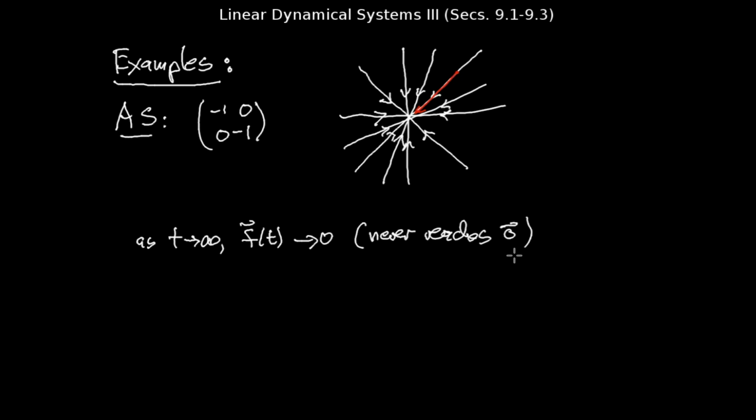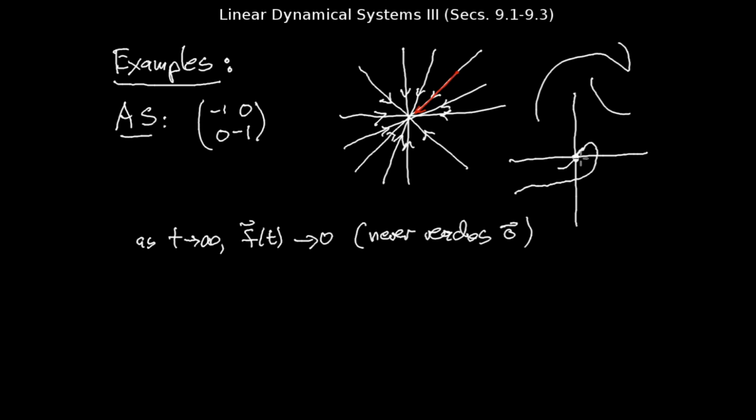And it can't reach 0. That bears thinking about for a second. It can't reach 0 for the following reason. Let me draw a picture over here. So remember, 0 is a solution. And there are these other solutions, whatever they are. There's curves. And one of these curves that goes towards 0, well, if it actually hit 0, that would be a contradiction to the fact that these curves can't intersect.